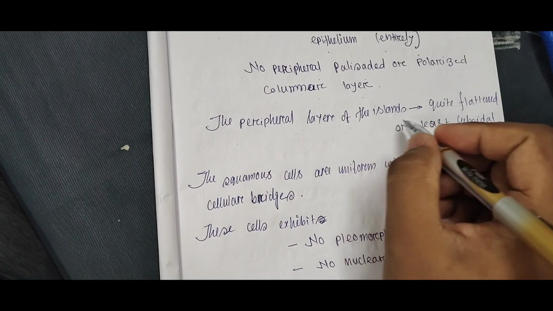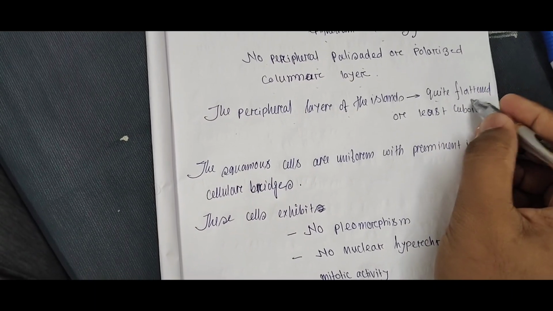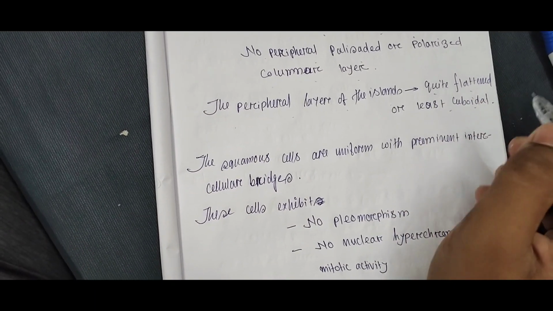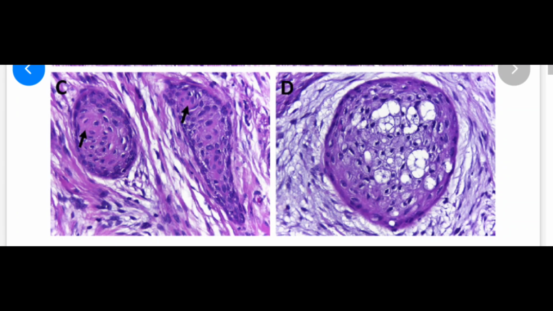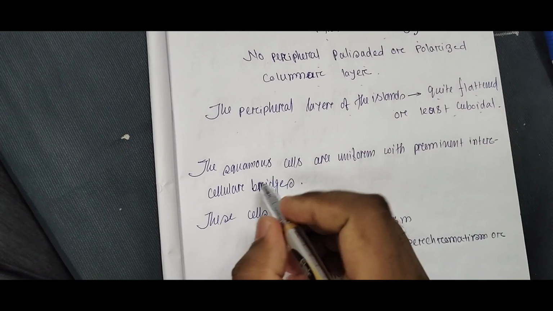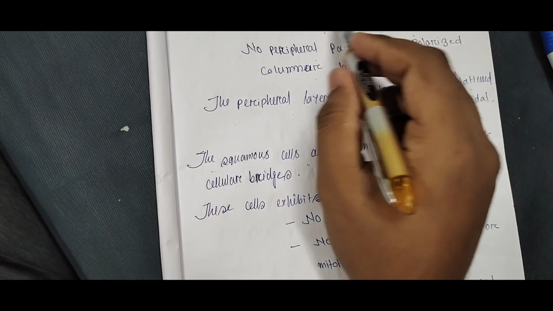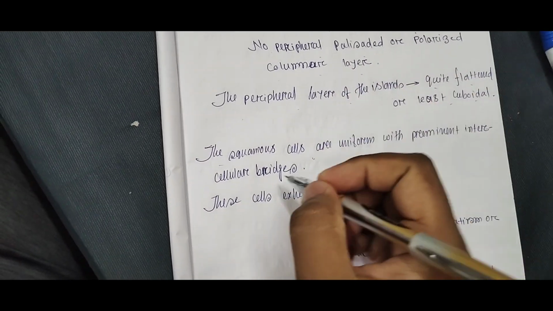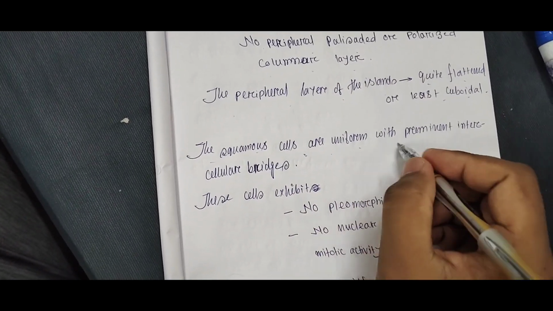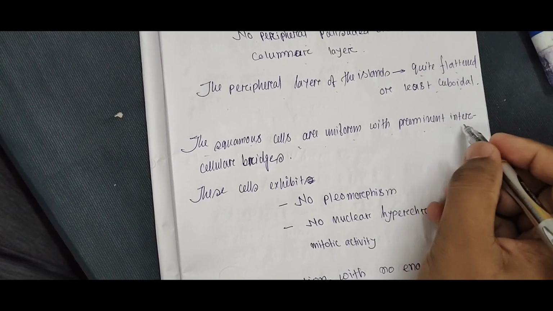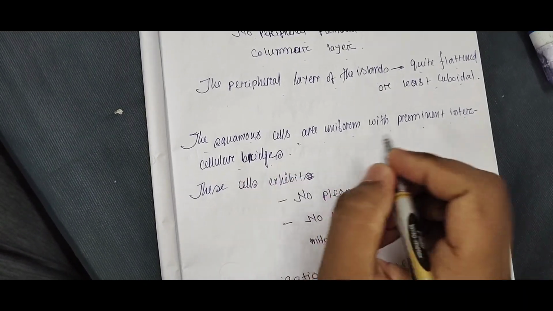The peripheral layer of islands is quite flattened or low cuboidal. The squamous cells are uniform with prominent intercellular bridges.